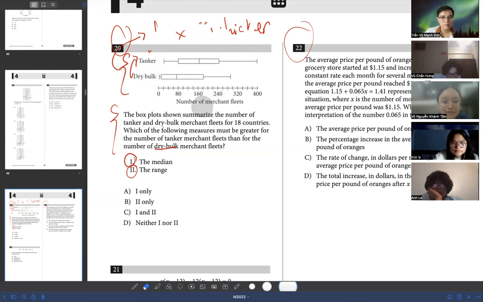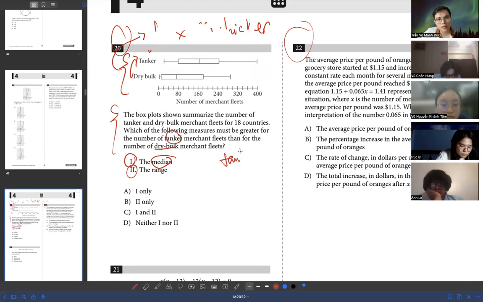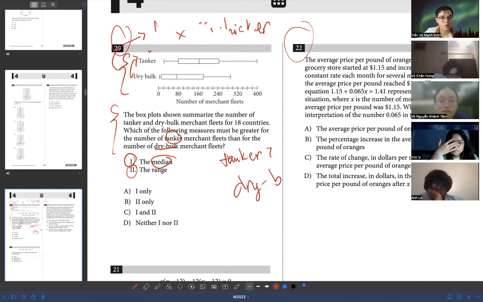Firstly, to make sure, is the median of tanker greater than dry bulk? Is the median larger on the tanker?